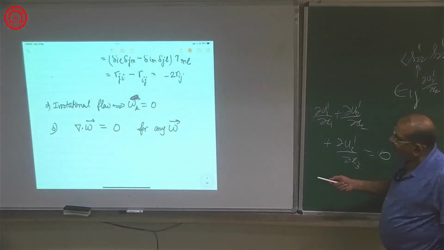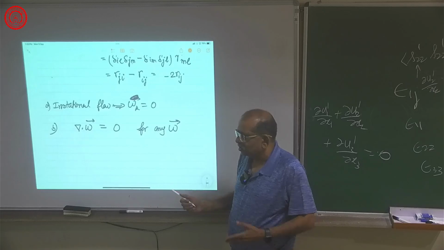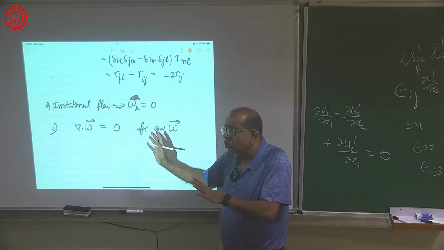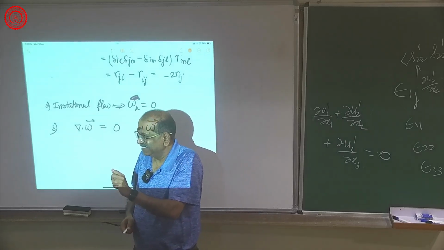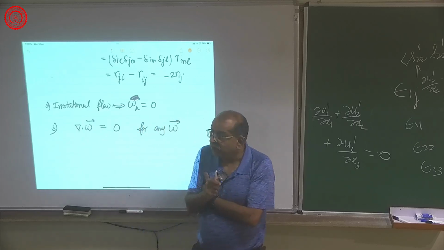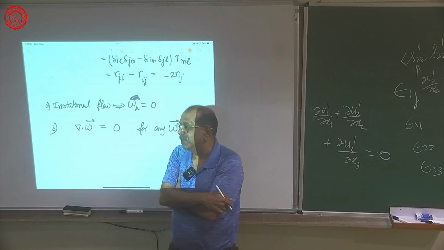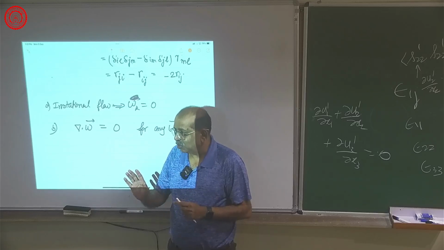And this once again one can show from the symmetry of epsilon_ijk. So the divergence of omega is like the continuity equation for velocity. Now for velocity, what are the conditions for the continuity equation? Incompressible flow.